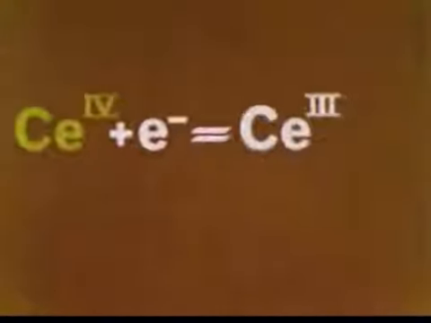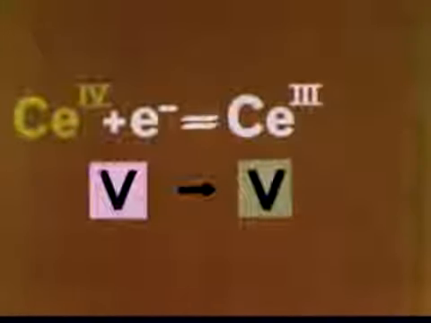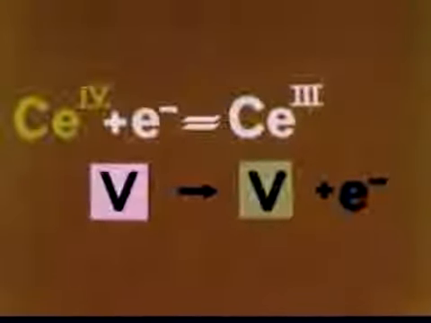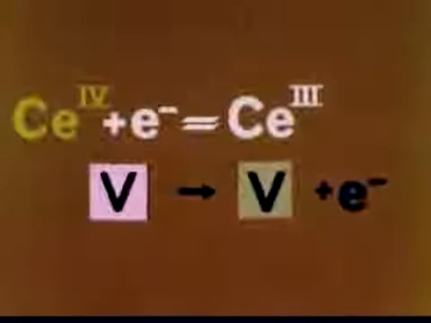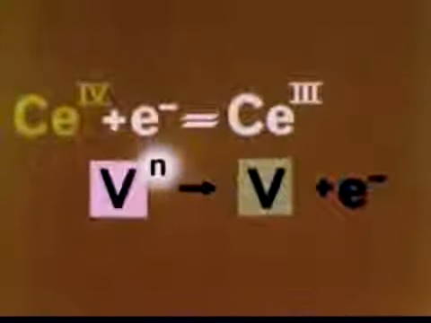Since each mole of cerium ion has gained a mole of electrons, each mole of violet vanadium has formed a mole of green vanadium by yielding a mole of electrons. If we call the unknown oxidation state of violet vanadium N, that of green vanadium must be N plus 1. They differ by 1 electron per atom or 1 oxidation number.